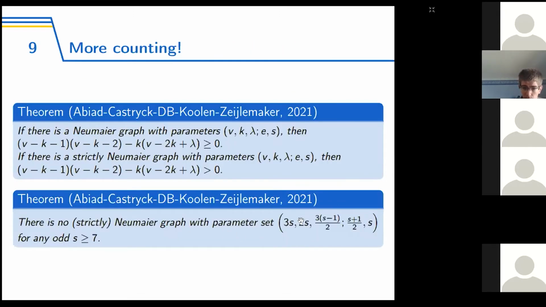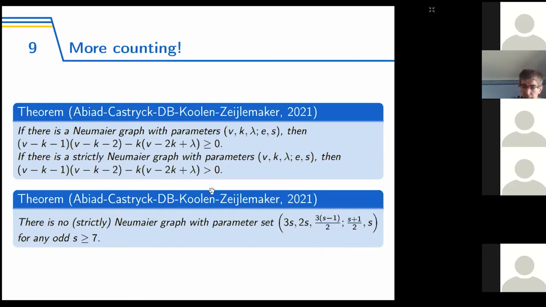So if you have this parameter set for some odd s, you could check whether it fulfills this condition from the theorem above, and you will see that this is indeed positive, but you will find precisely 2.